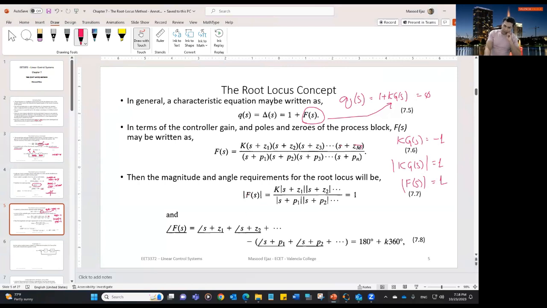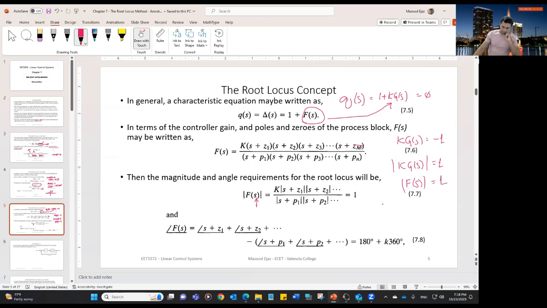So the magnitude of F of s is simply going to be K, which is a real number, not a complex number, times the magnitude of s plus z1 at any specific value of s, the magnitude of s plus z2 at that value of s, and so on and so forth. So for any value of s in the s plane, you can put that value in and calculate the magnitude of F of s, and that magnitude should be equal to 1.